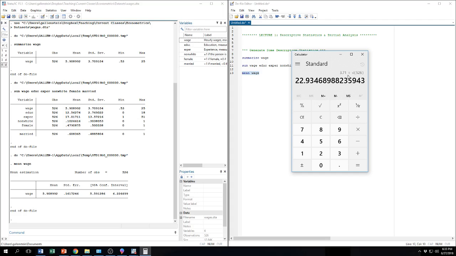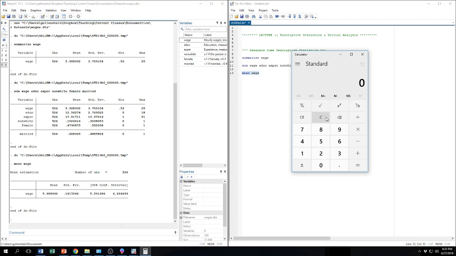Something is not quite right in my calculation here. Let's do this a little bit differently. 3.71, right? That's our standard deviation, divided by the square root of our sample size.